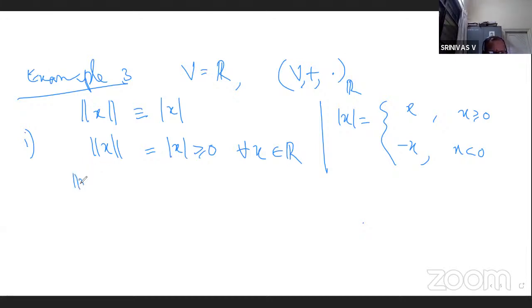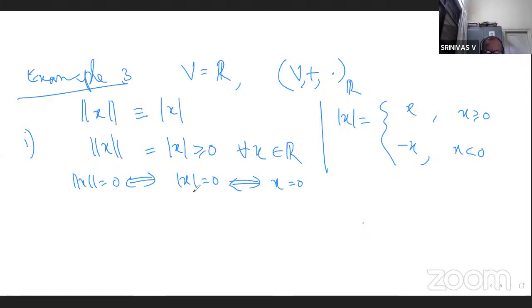Here also, we have norm of x equal to 0. Let us look at this. It means mod x is 0. Mod x is 0 means x has to be 0; there is no other option. Otherwise, if x is non-zero and negative, then minus x will be positive, and if x is positive, then mod x is positive.